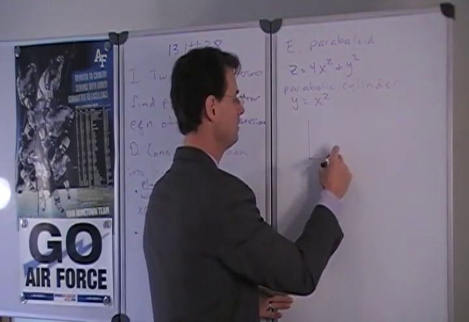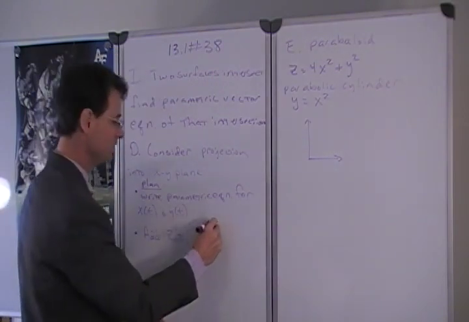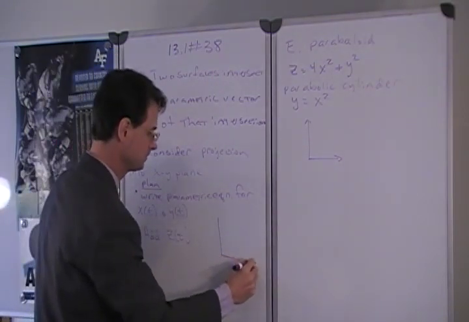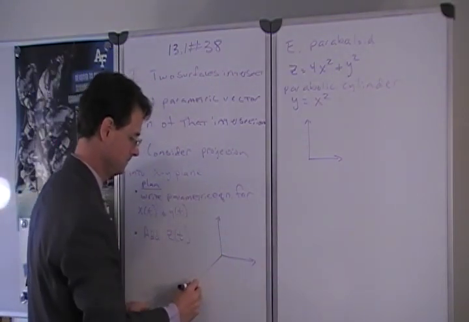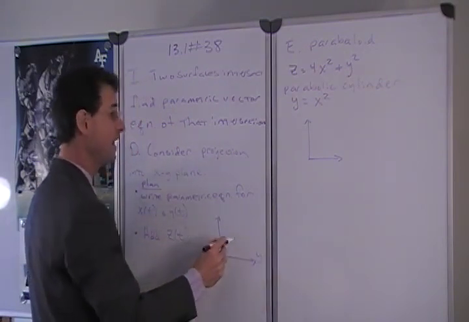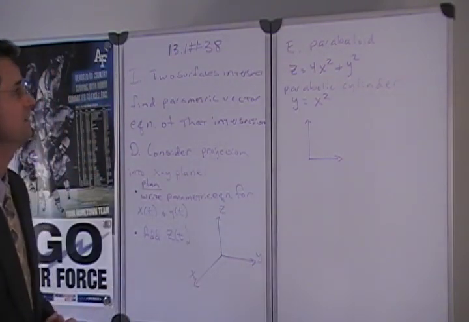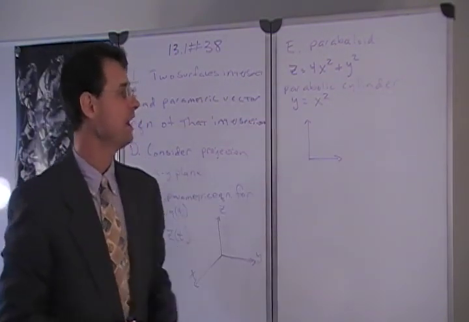So if we draw three-dimensional axes, and why don't we go ahead and draw our picture over here. So we'll call this the x-axis, this the y-axis, and this the z-axis. And let's think about that paraboloid.